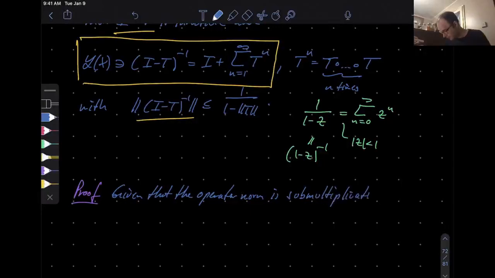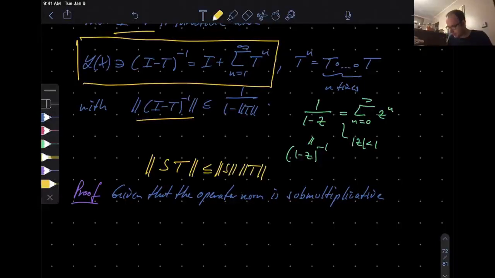So when you have two operators, S and T, two bounded linear transformations, and you compose them so that this composition makes sense, then you can think about the operator norm of the composition or the product. And then we proved in the very first chapter that in general this is not equal to the product of the individual operator norms, but that product gives you an upper bound. So you have this, and that's why it's submultiplicative. Right, so this is what we will use now.